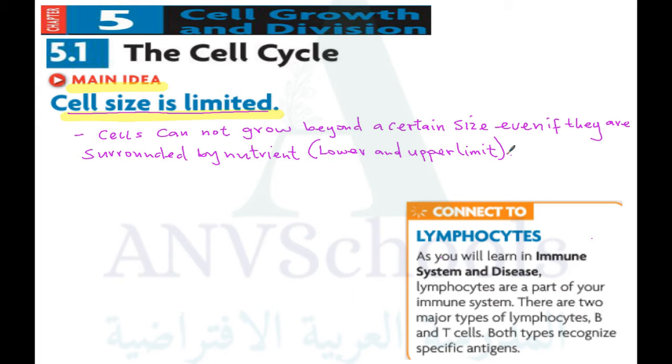So the upper limit on cell size is due to the ratio of the cell's surface area to volume. That is what brings about the need for a cell to have an upper limit.